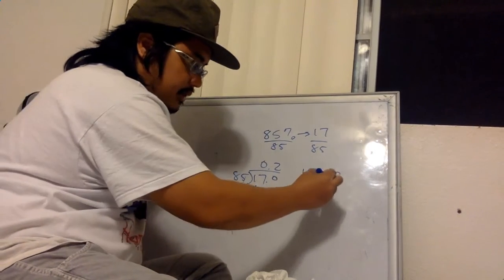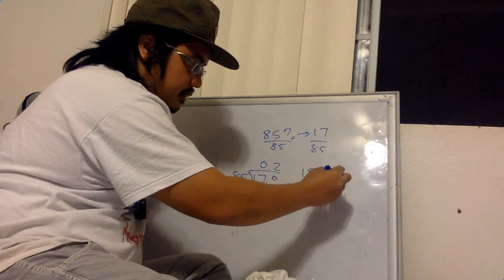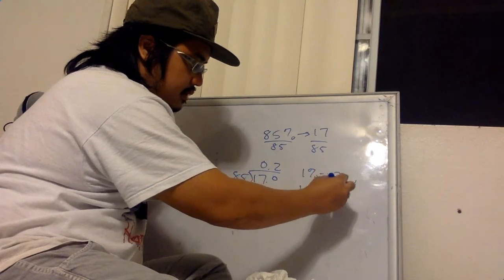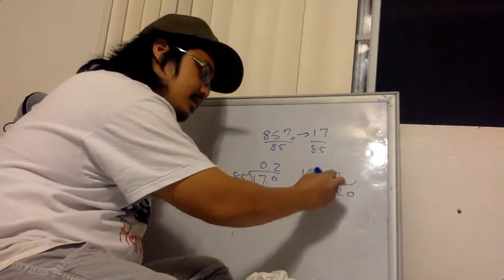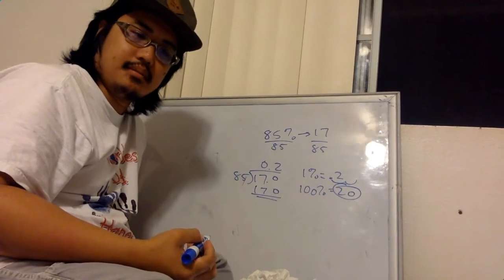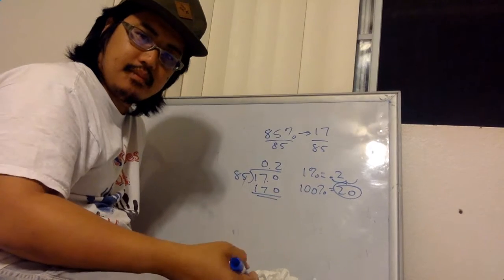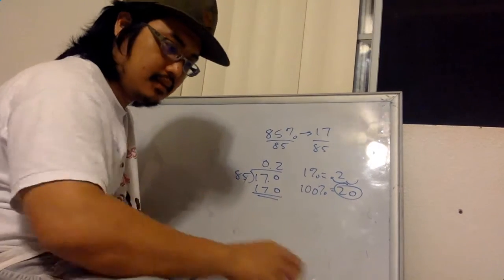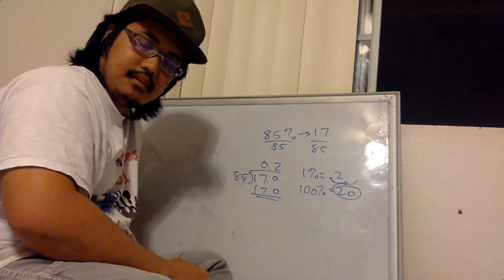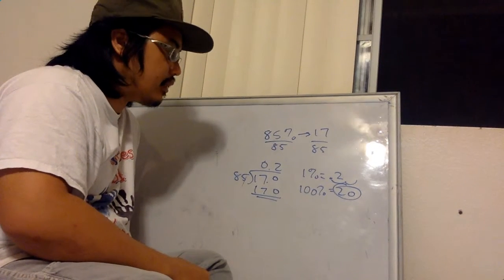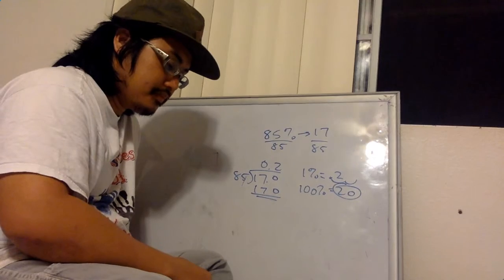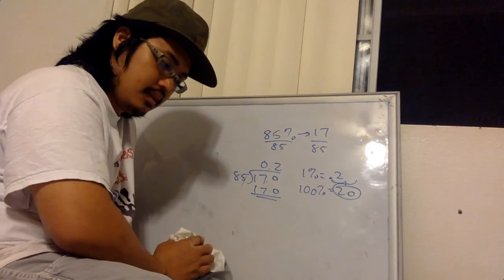I do the same thing to the other side, and I get 20. So this blouse was $20. Does that make sense? And if you take off 15%, then you'll pay $17. Okay. All right.